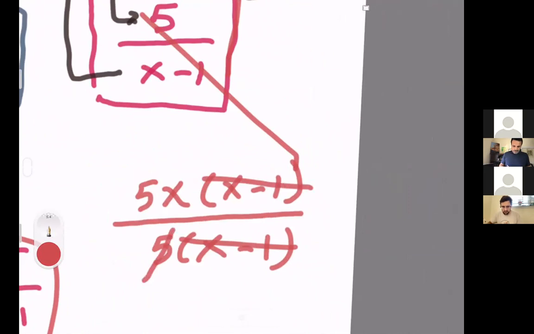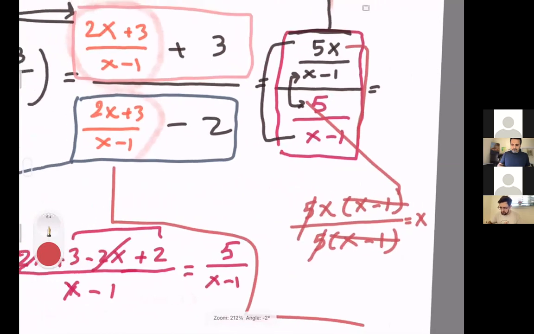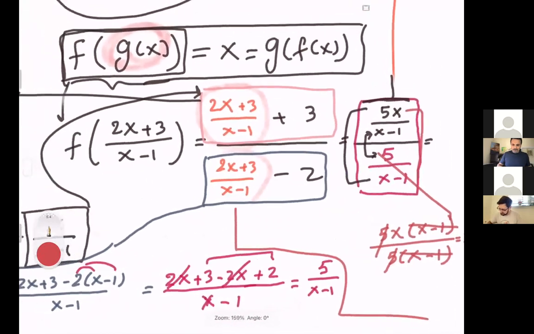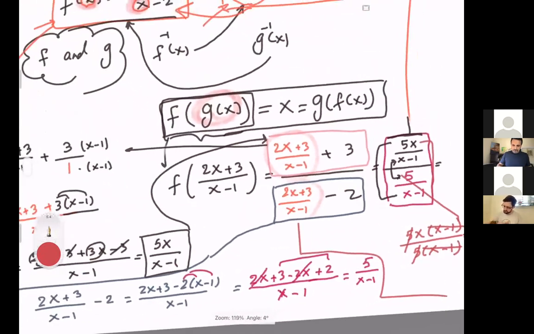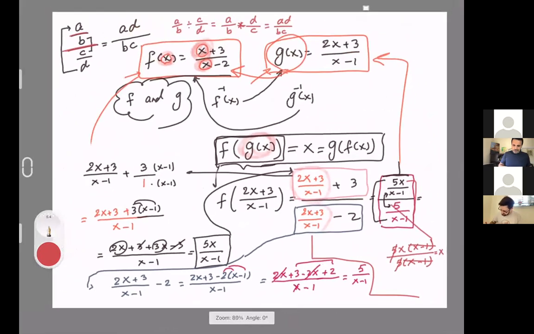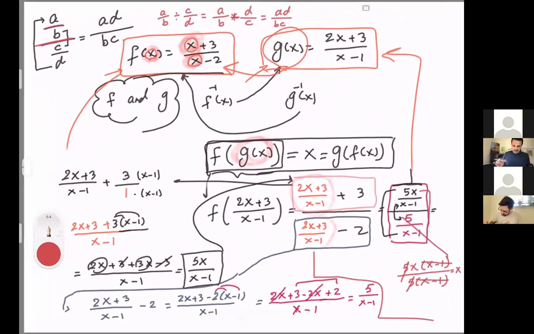This 5 and that 5 cancel. You're left with your x. So the definition was, when we got x, that means they are inverses of each other. But we did so much work. We did so much algebra, but your job is to know this one. Any question here?